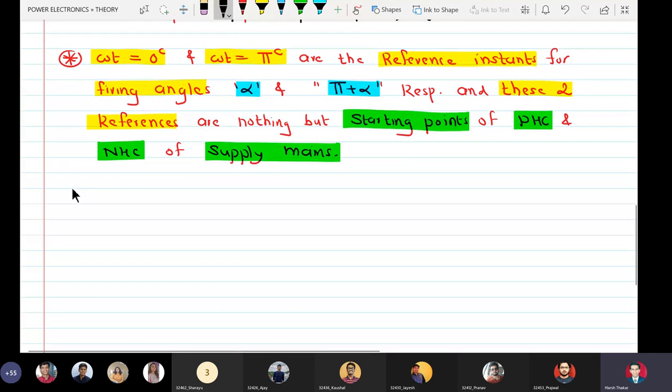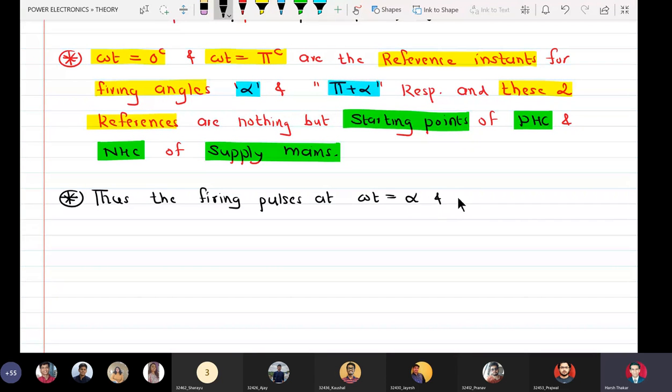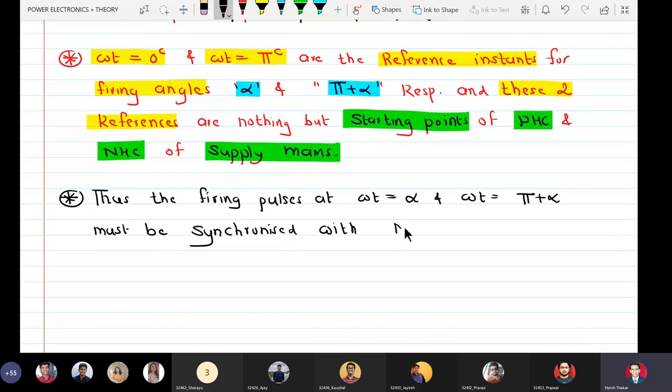So we can again summarize our discussion till now as: thus the firing pulses at omega t equal to alpha and omega t equal to pi plus alpha must be synchronized with the mains supply.